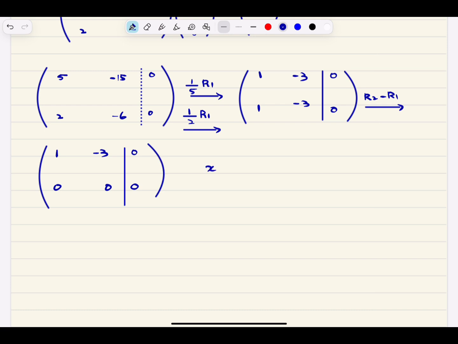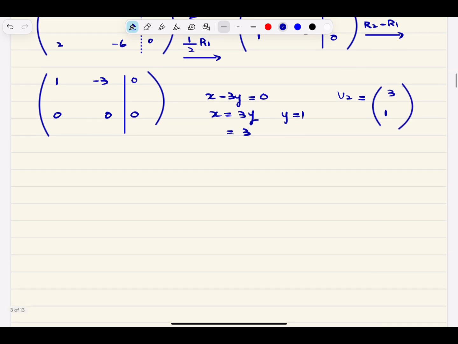So we have x minus 3y is equal to 0, x is equal to 3y. If I take y is equal to 1, I'll get x is equal to 3. So therefore v2 ends up being (3, 1).